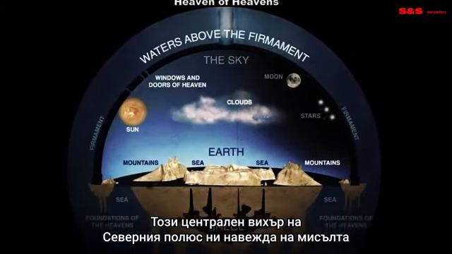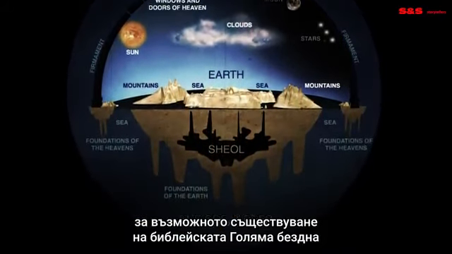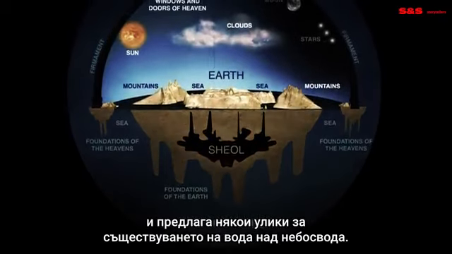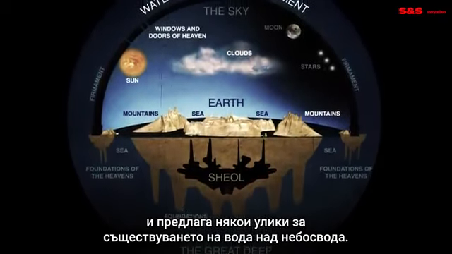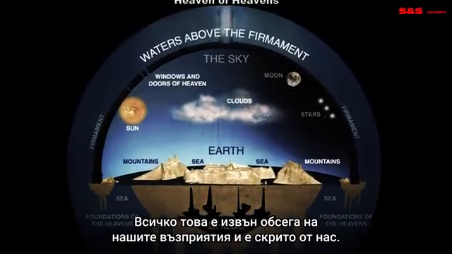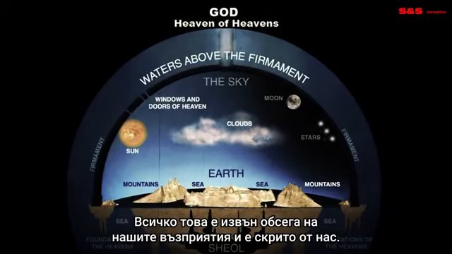This central vortex at the North Pole would also suggest the possible existence of the biblical Great Deep, and offer some clues to the existence of water above the firmament, all of which are outside of our perception's grasp and have been hidden from us.